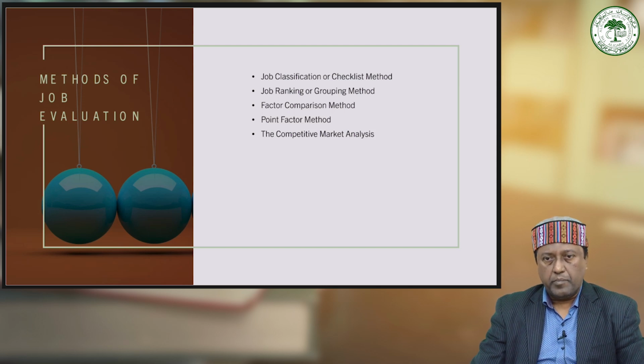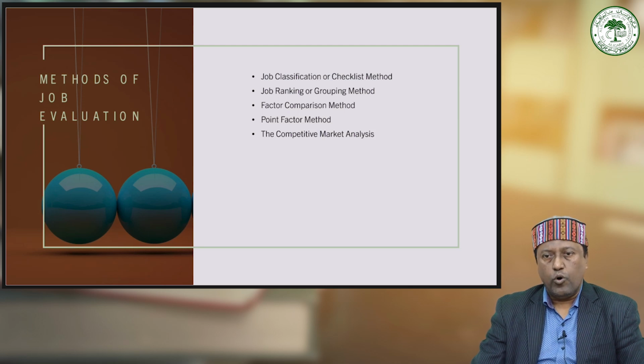Next step is selection of key jobs. A few key jobs are selected as reference points for the evaluation process. These key jobs are chosen to represent a range of factors and responsibilities found across different positions in the organization. The next step is determination of factor weights.